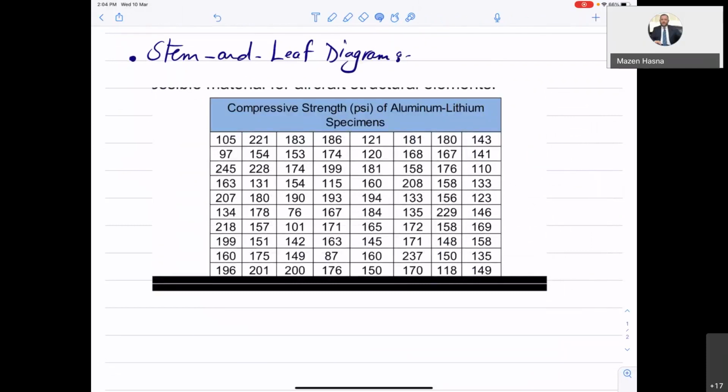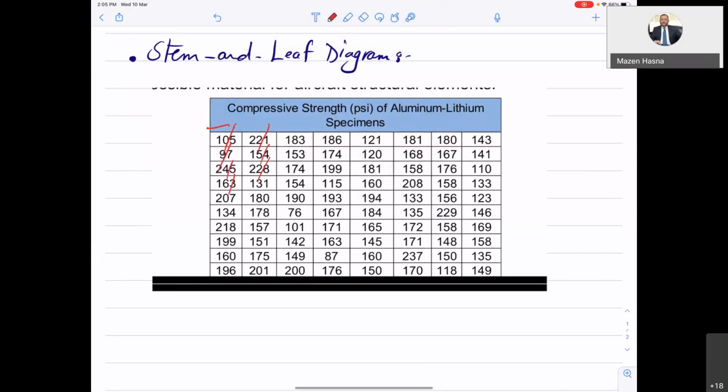A stem and leaf diagram is just you split your data into two parts, a part that you call a stem and a part that you call a leaf. In this case, the singular digit is the leaf, and the 10th and 100th digits will be the stem.